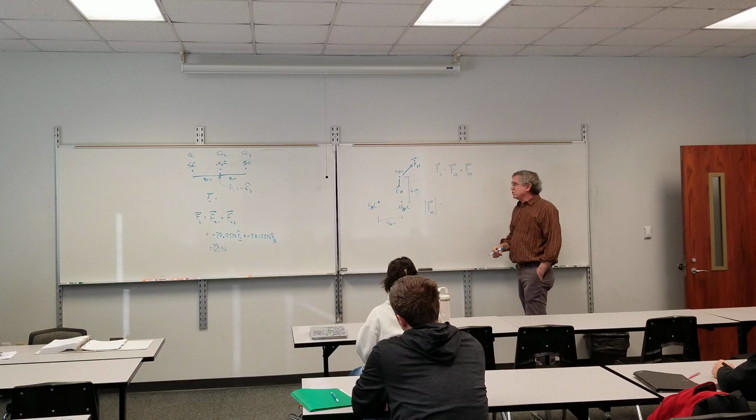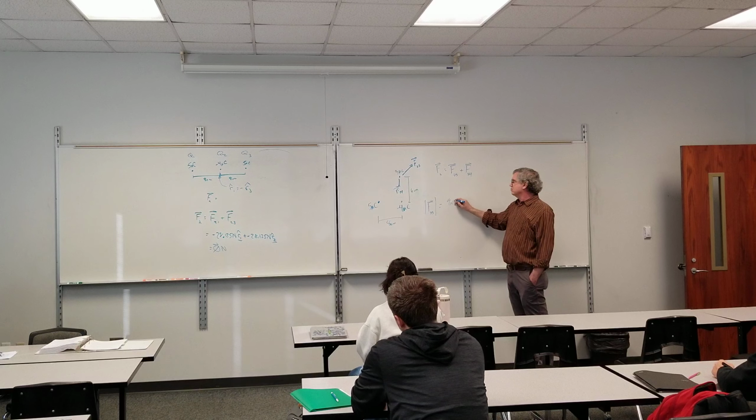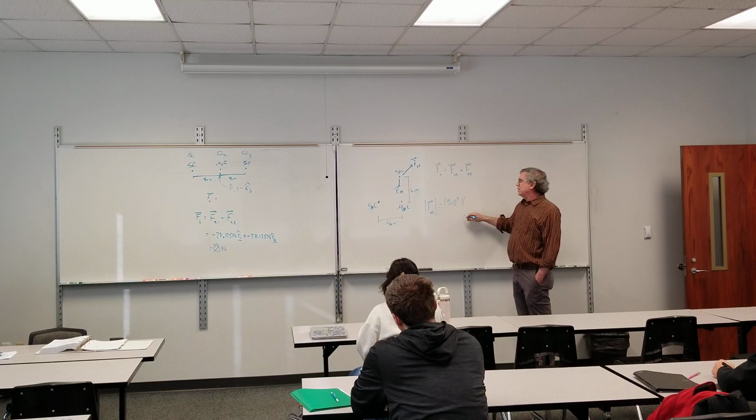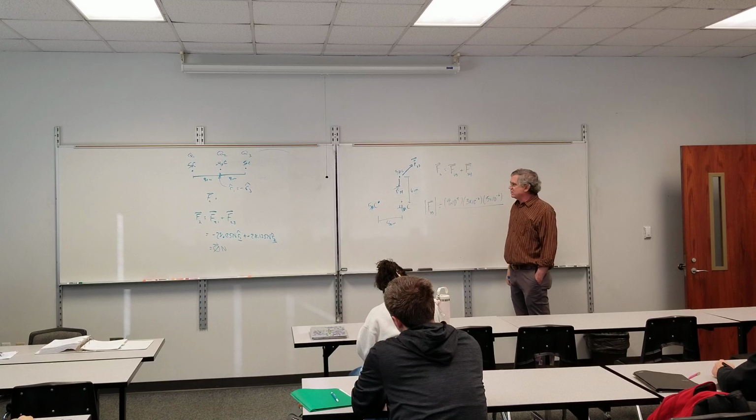I tend to use the singles, also some textbooks will use the doubles. All right, so I got the magnitude of force on 3 from 5, and it's going to be my Coulomb's constant times the charge, so I got 3 times 10 to the -6, times 5 times 10 to the -6, divided by that distance. What is that distance?